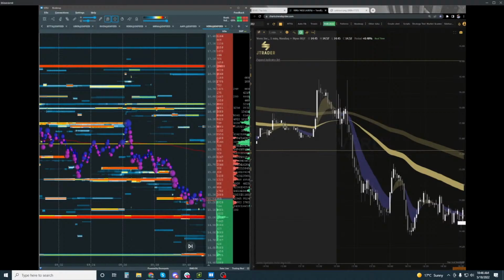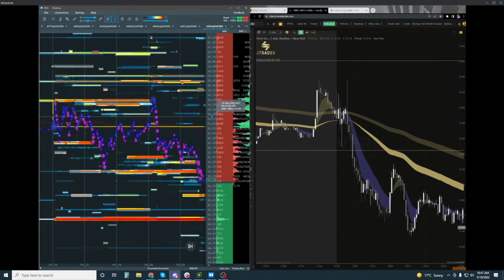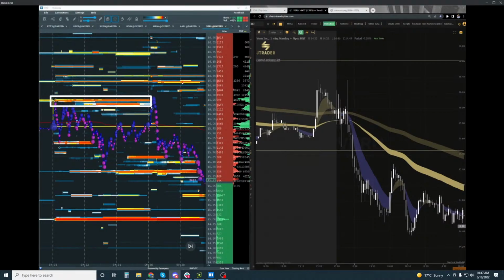We can have fast reversals. In the past weeks over here on Bookmap, we've seen examples of absorptions into a high liquidity level. You can see a high liquidity level over here, right? 16.25, 16.30, which is this previous high.